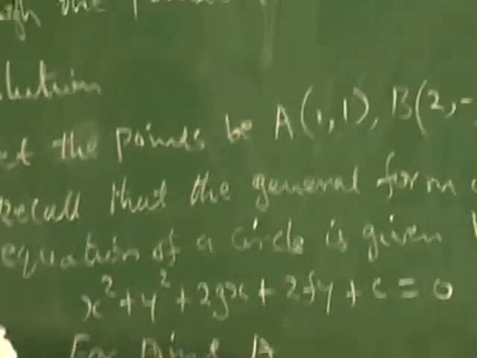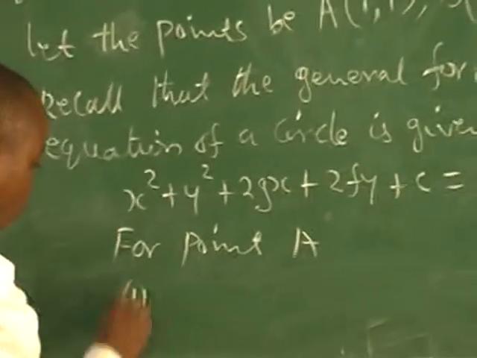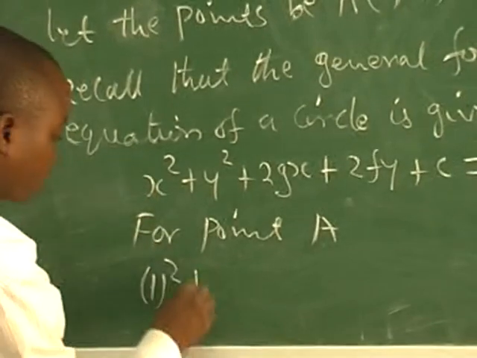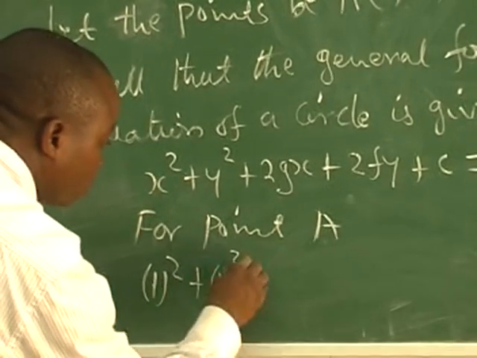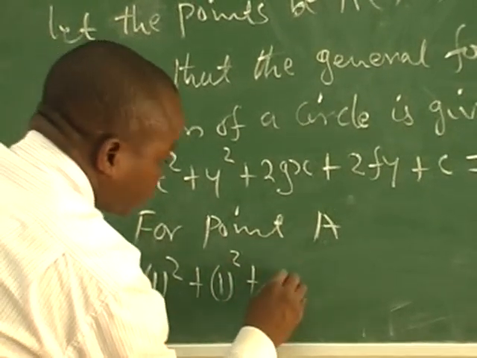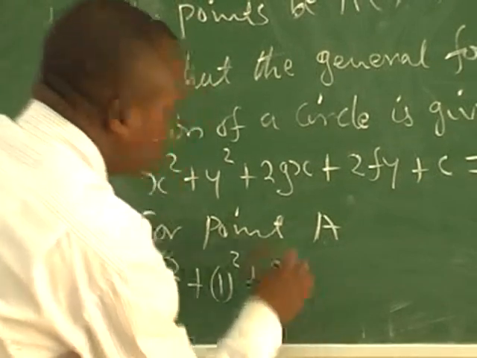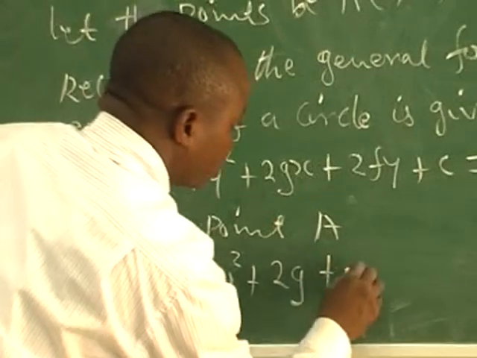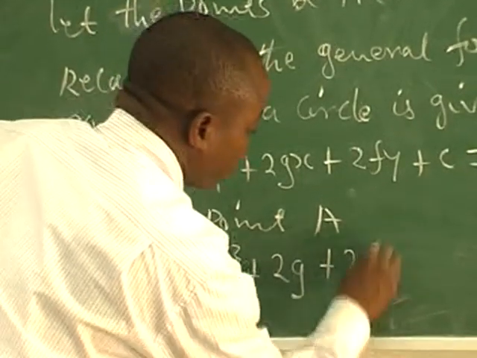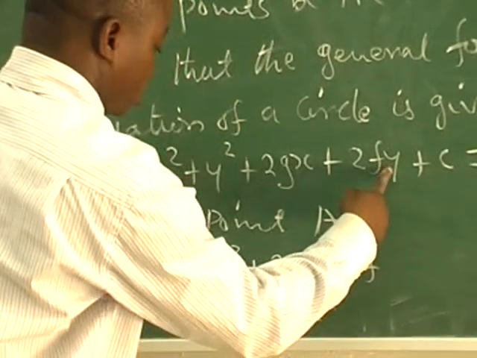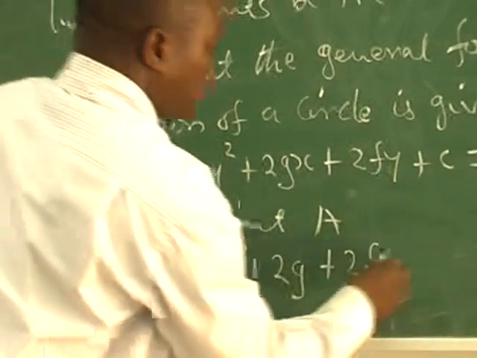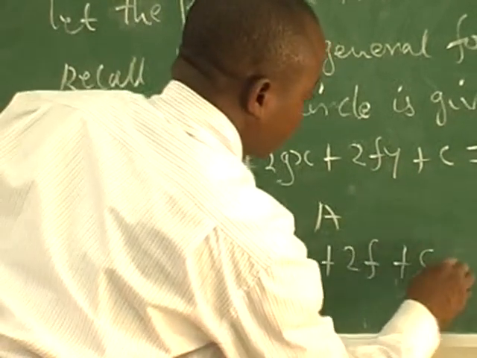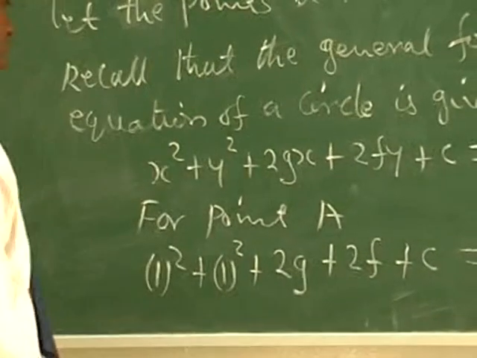So for point A, we'll have 1 squared plus 1 squared plus 2g, if we put 1 here, we have 2g plus 2f, we put 1 here, plus c equals 0.